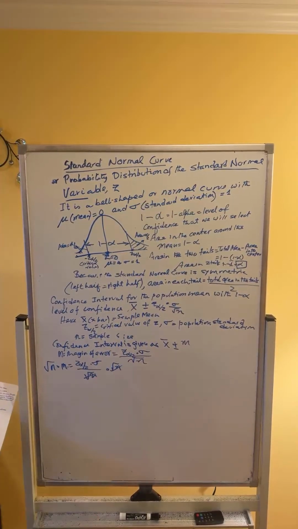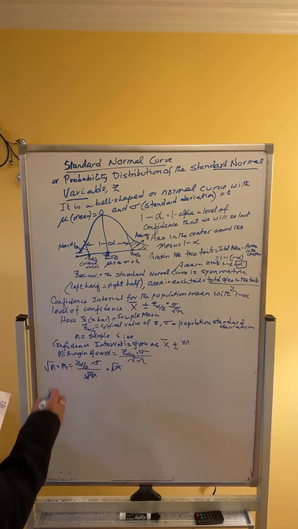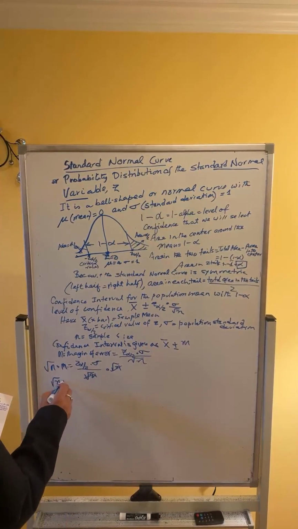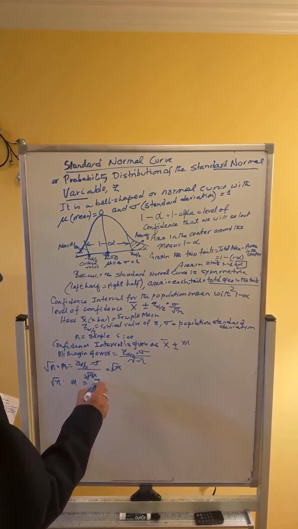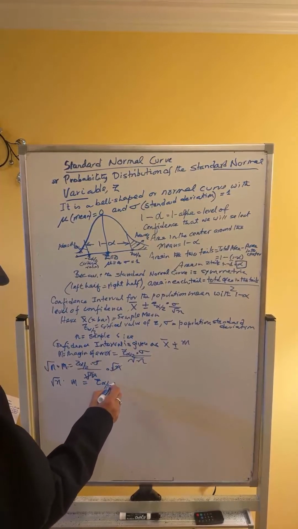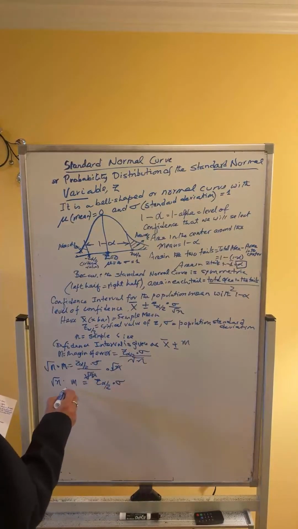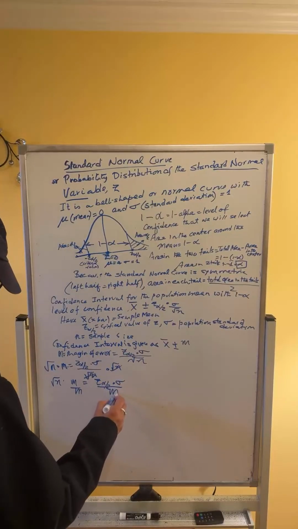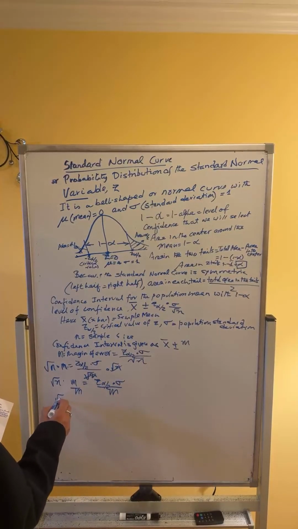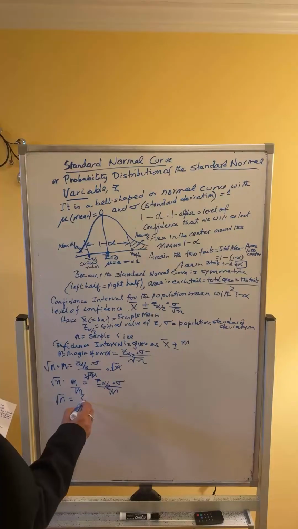Cancel the square root of n out. So we have square root of n multiplied by M is equal to z alpha by 2 times sigma. Now divide by the margin of error M on both sides. We get square root of n is equal to z alpha by 2 times sigma divided by the margin of error.